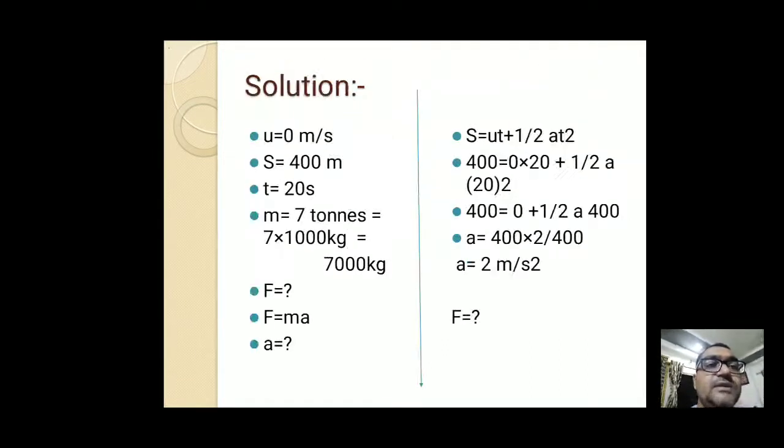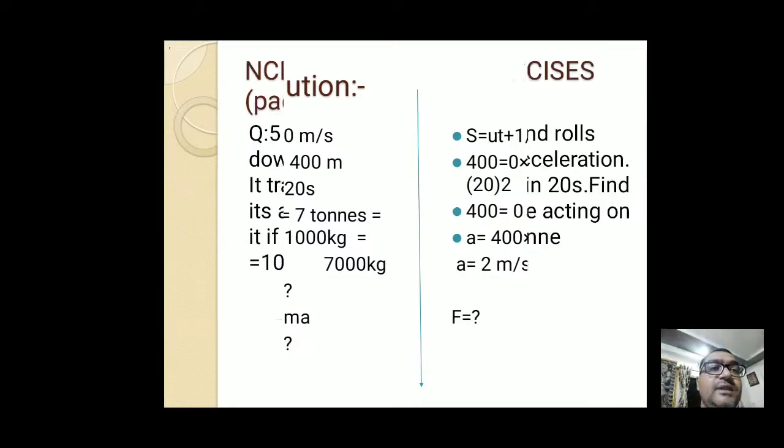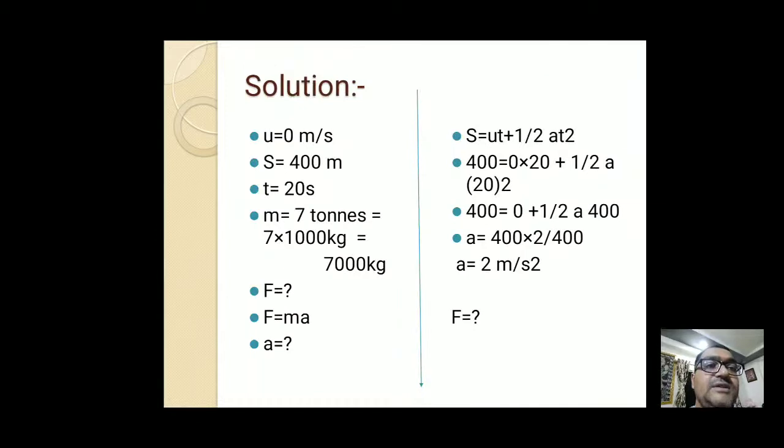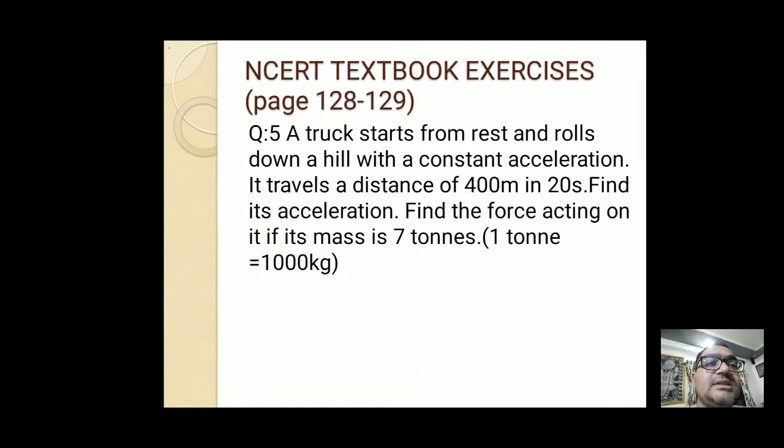So students, here we have to write that we can see the truck starts from rest. So initial velocity should be 0, that is u equals 0 meter per second. Then it travels a distance of 400 meter in 20 seconds.